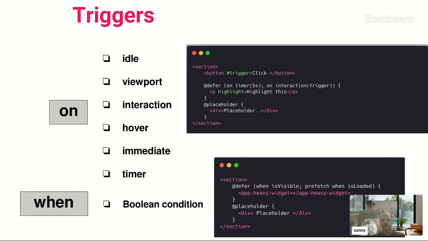In when, we are passing a boolean condition, and in on we are passing the trigger.